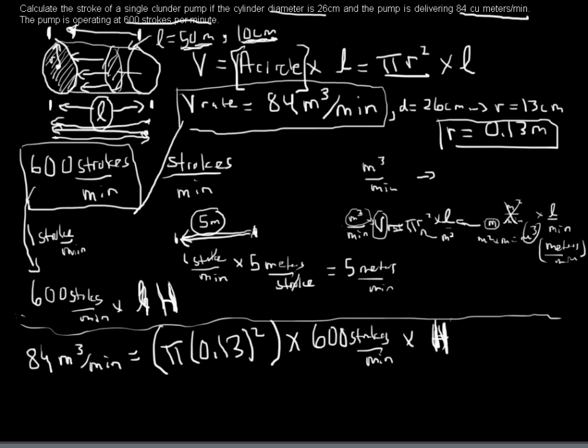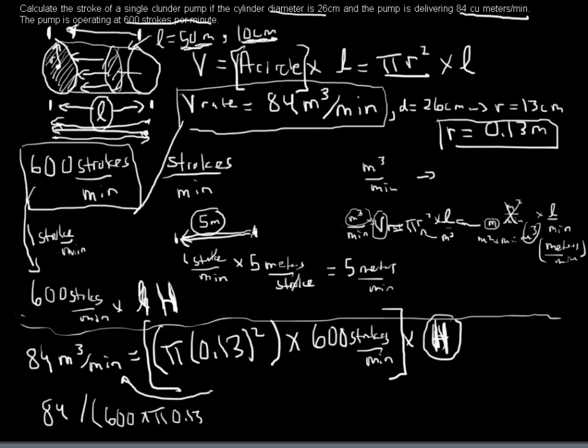So what do we want to do? We want to isolate H. We want to know how much that is, so we need H by itself on the right hand side. We want to get rid of everything else and put it on the other side. So H equals 84 divided by 600 times pi times 0.13 squared. You can do it in steps or all in one shot. Here we'll do it in steps.